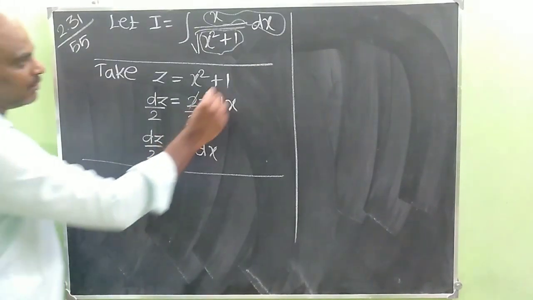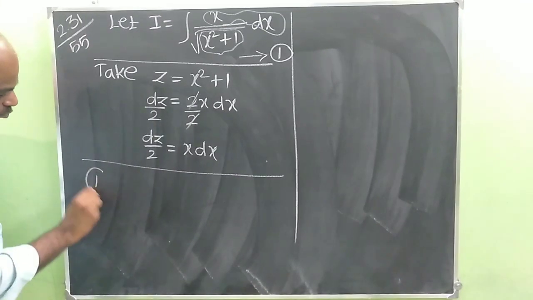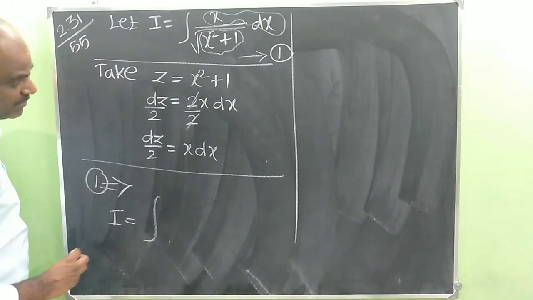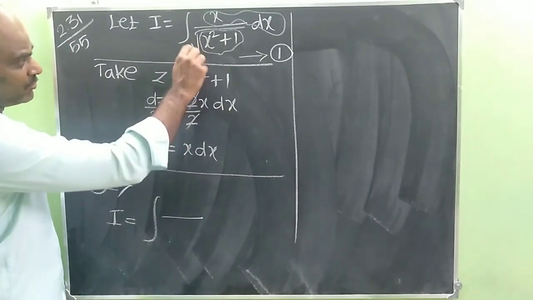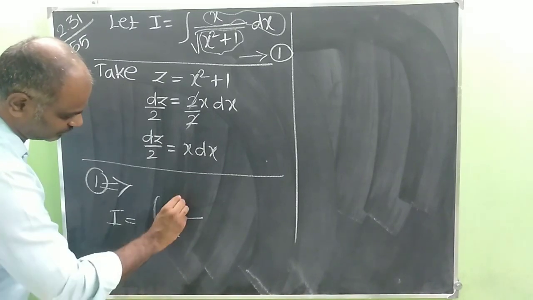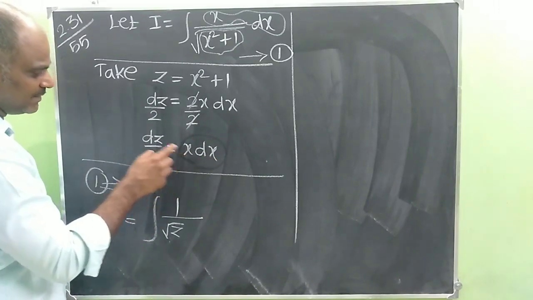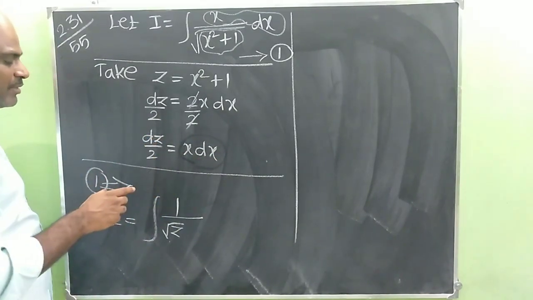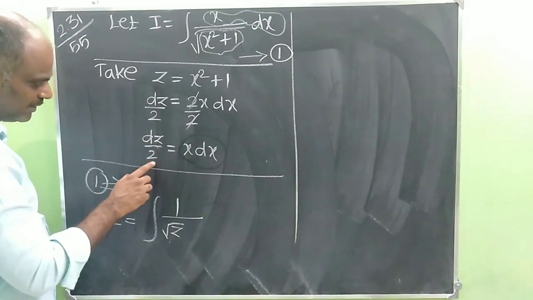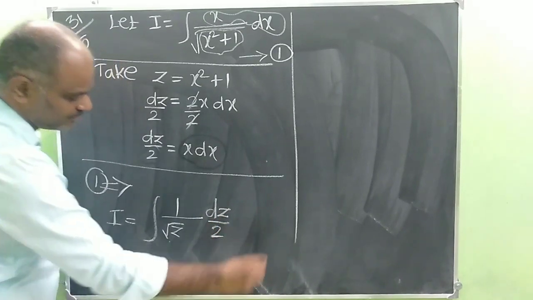Take this equation as 1. Then 1 becomes integration I equal to integration of square root of x squared plus 1, which is z, so square root of z, and x dx is equal to dz by 2. Sometimes we quickly write dz, so don't forget this 2, dz by 2.